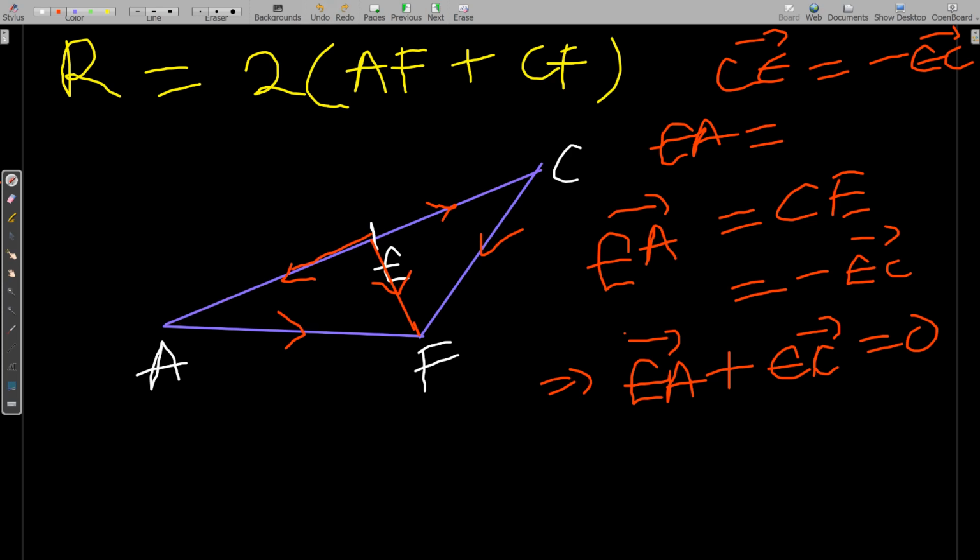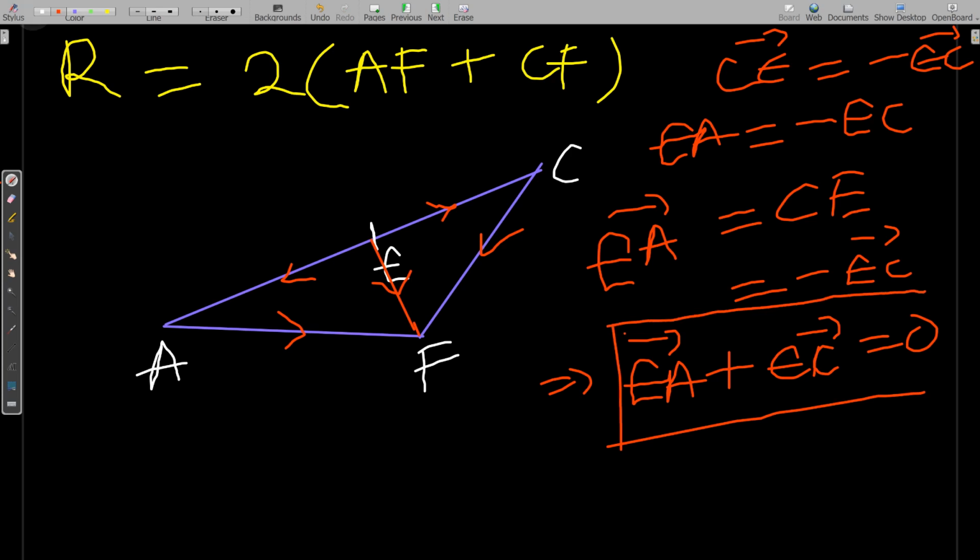And then EA is equal to minus EC, because C to E is the same as minus EC. And if I pick this minus EC to the other side, it becomes EA plus EC, which is equal to 0.